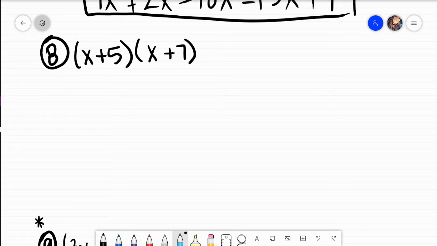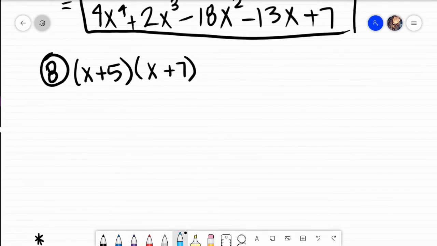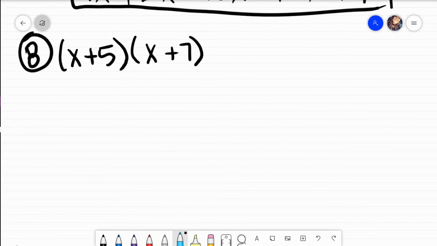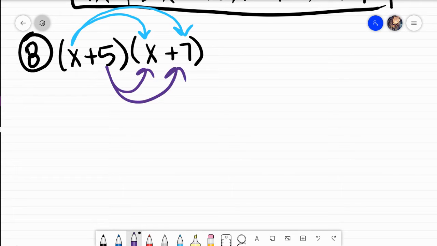Stay tuned. Okay, so now y'all, this one right here, I'm trying to zoom in. This one right here is a binomial multiplied to a binomial. So what you do, it's almost like, why did we do that crazy one and now we do this one, you know? So we're going to multiply those two together, and then we're going to multiply these two together. So if you do x times x, we get x squared.